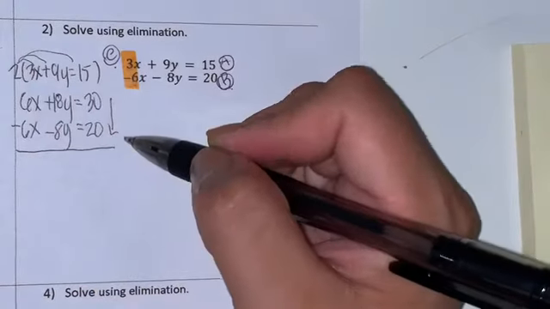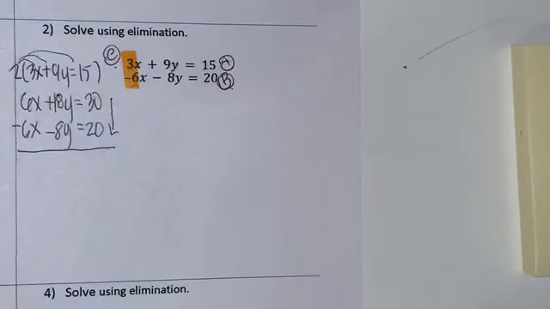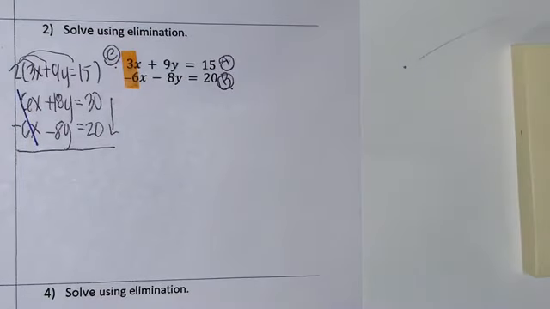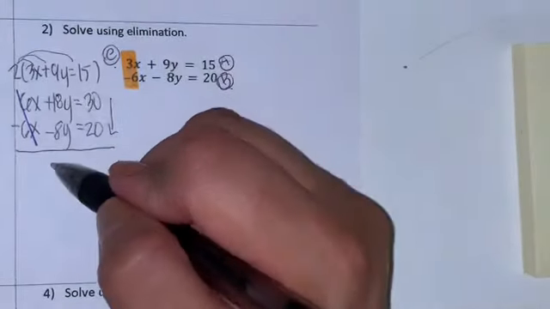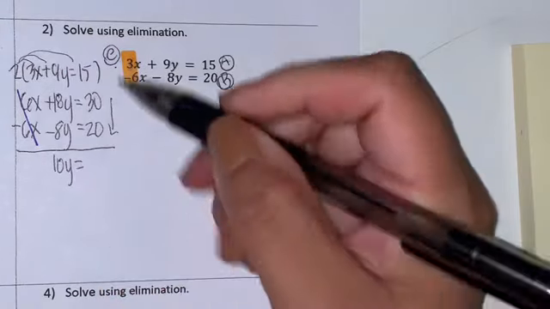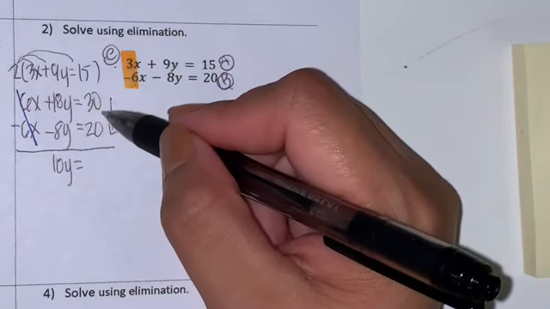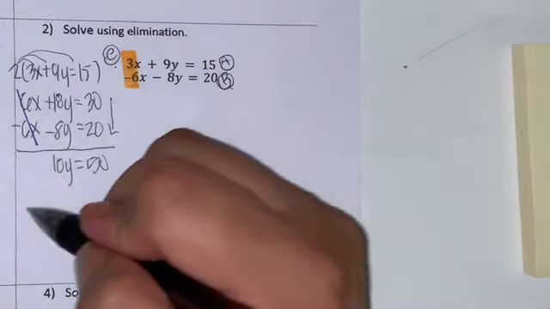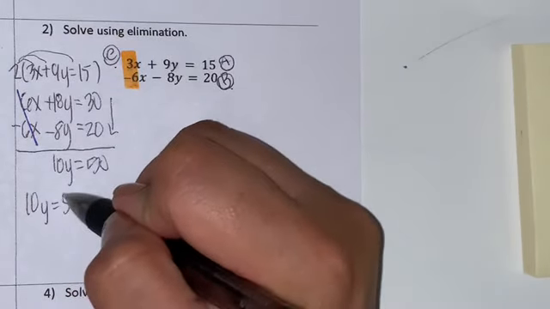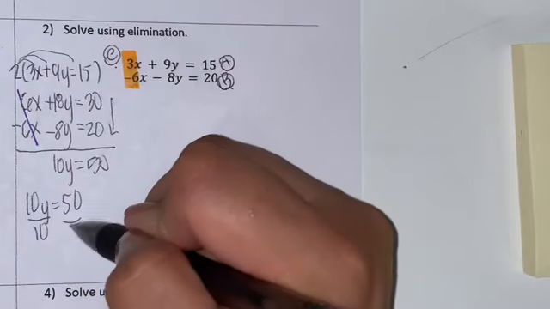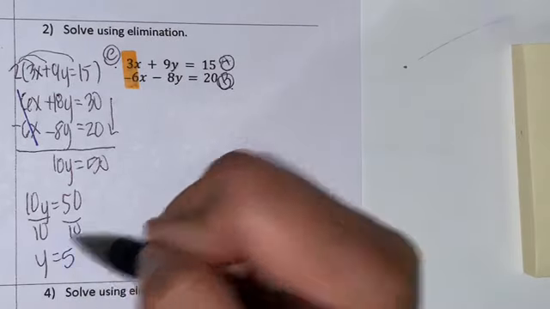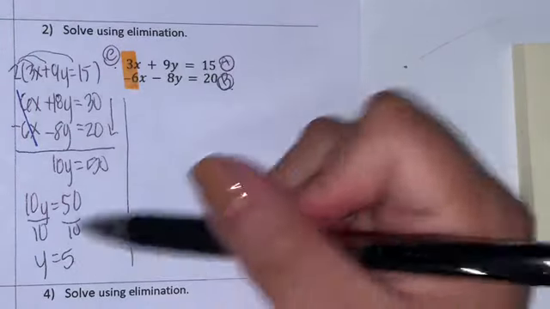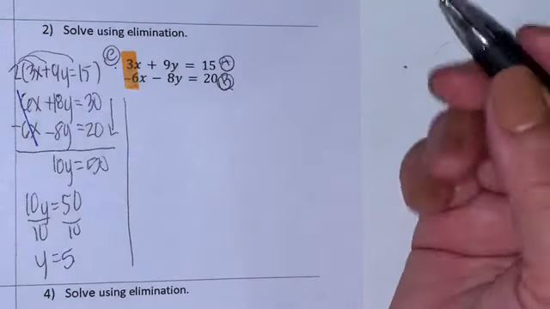So my new equation is going to eliminate the 6x. 18y minus 8y is 10y equals 30 plus 20 equals 50. I'm going to solve for y. 10y equals 50. Divide both sides by 10. Y equals 5. So now we're going to substitute this 5 into the first equation A.